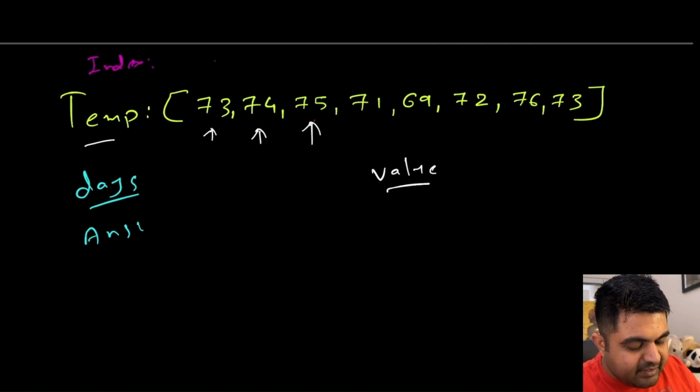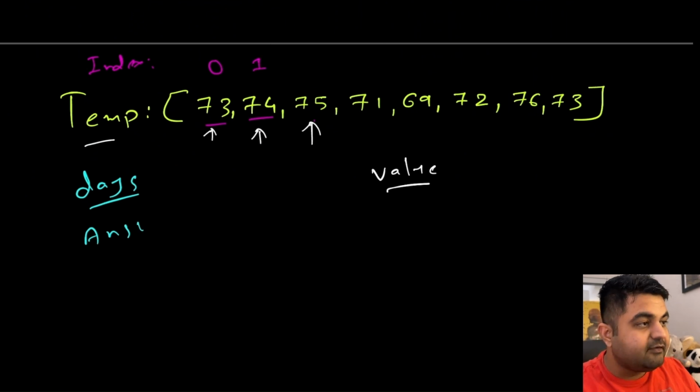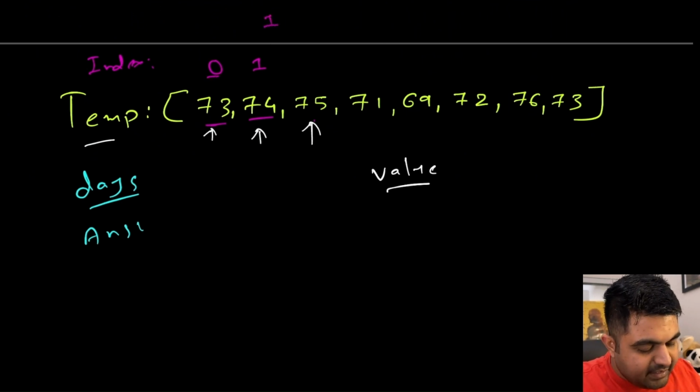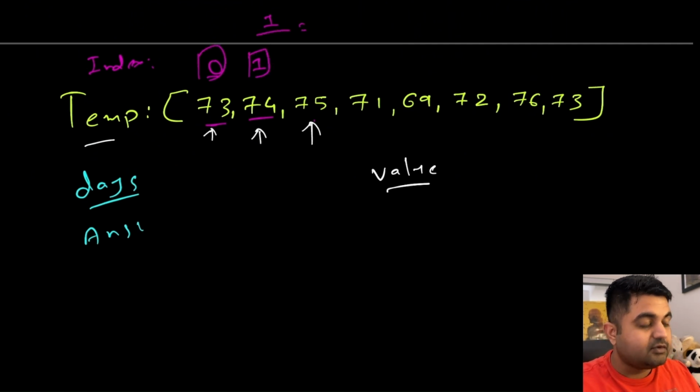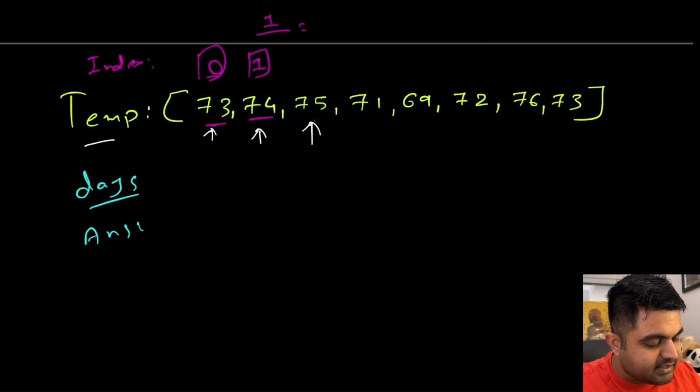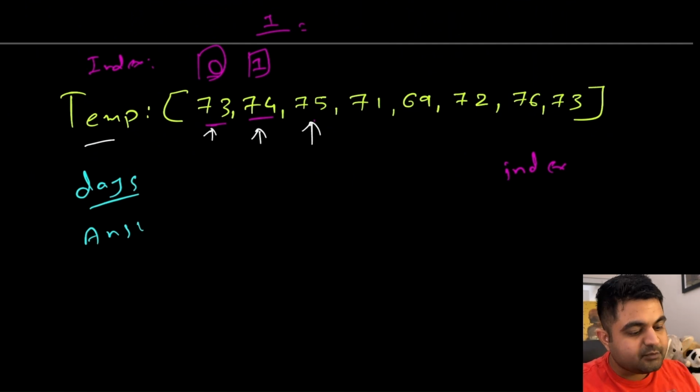Because at index 0 we have the value 73, and at index 1 we have the value 74, which means index 0 is only 1 day away from finding a warmer day, because index 1 minus index 0 is 1. So this is how we are going to find the answer, which means in the stack it makes more sense to store the index positions rather than the actual values. Using the index positions, we can very quickly look up inside the array, find the answer, and then subsequently populate the answer.